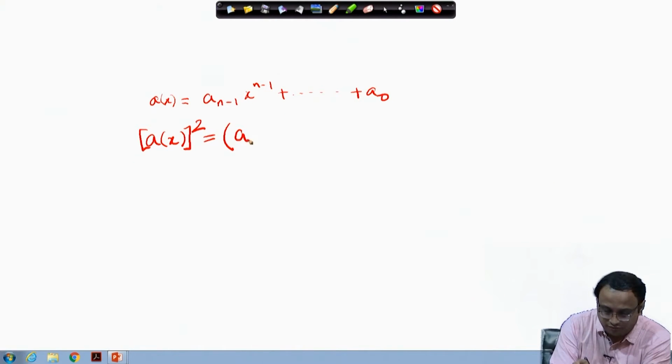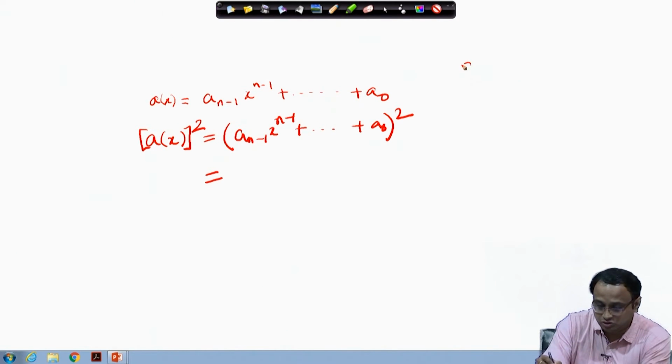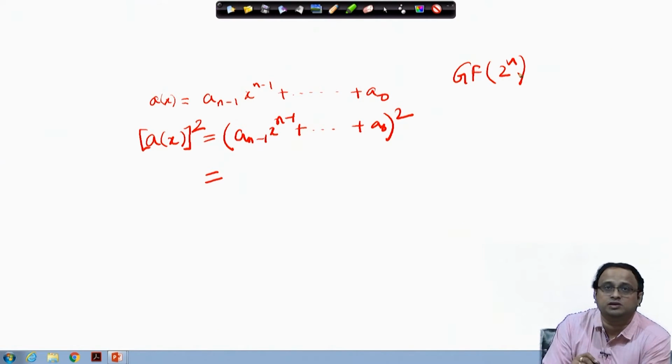The square of this is (a_{n-1} x^{n-1} + ... + a_0)^2. I leave it to you with this result here, but without going into details: when you do squaring in normal operations, you often get coefficients which are multiples of 2. But in this case, since you are dealing with the field GF(2^n), all those elements go to 0, because 2 is congruent to 0.